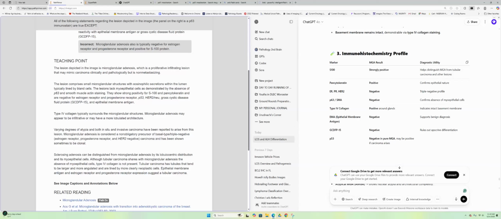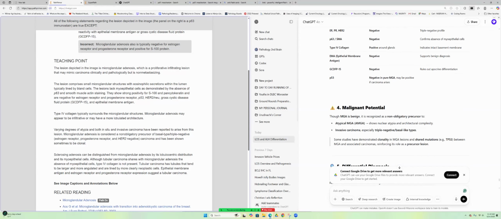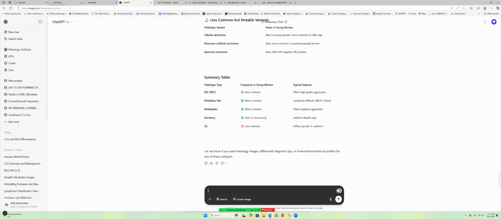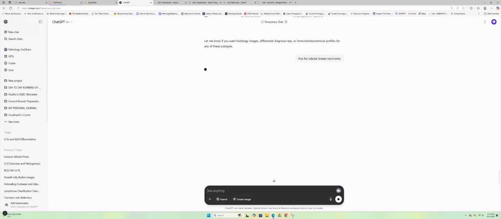You want to rule out apocrine origin because of that secretion. So tubular carcinoma is EMA positive, GCDFP15, I'm not sure about that. Let me look at the IHC for tubular carcinoma.